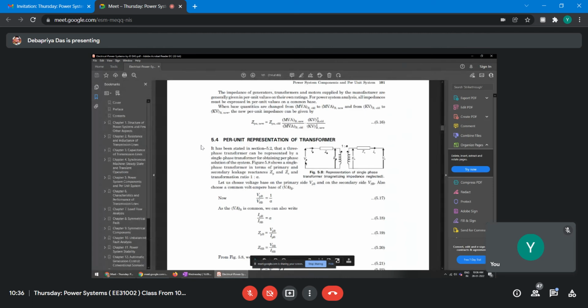On the primary side, the voltage is VP, current is IP, and impedance is ZP. As ZP is taken out of the winding, as if it is an ideal transformer, the voltage across the primary is EP and across the secondary is ES.